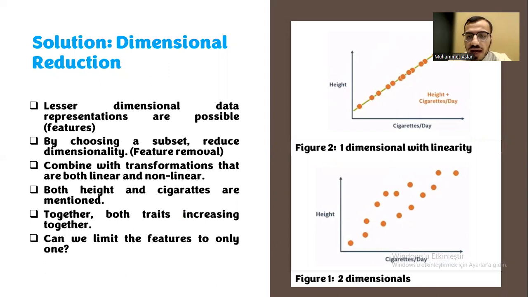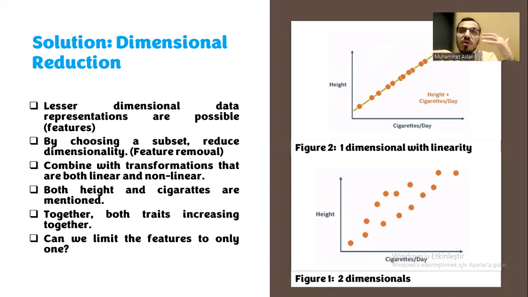As you know, when we get the data from the subsets, for example, here in figures 1 and 2, in figure 1, we have two dimensions, X and Y, height and squared feet. But how can we make it one dimensional?